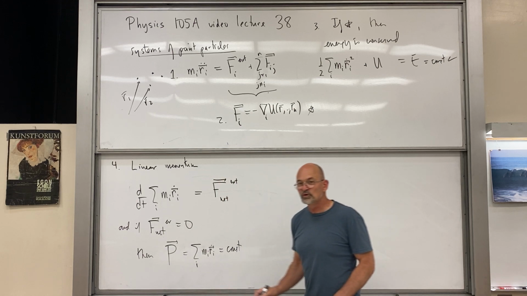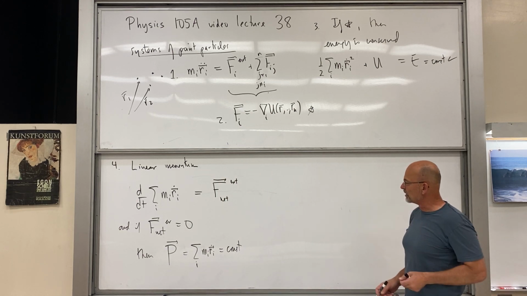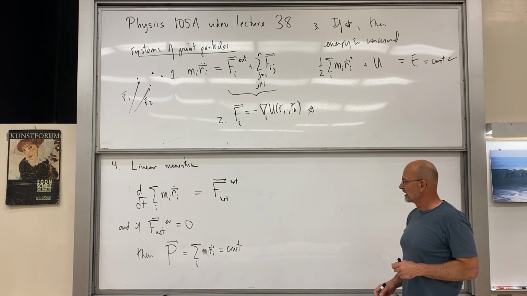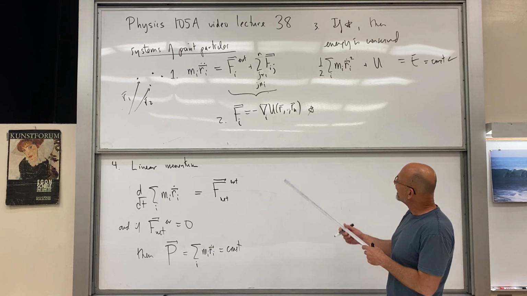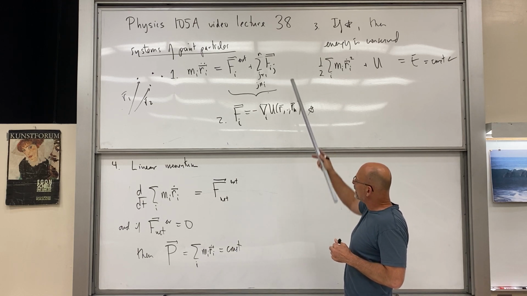So this plays a huge role in collision type of problems that we'll study next semester. But I just want to bring out the significance of this double sum vanishing.